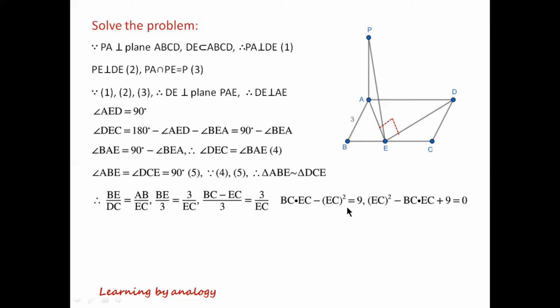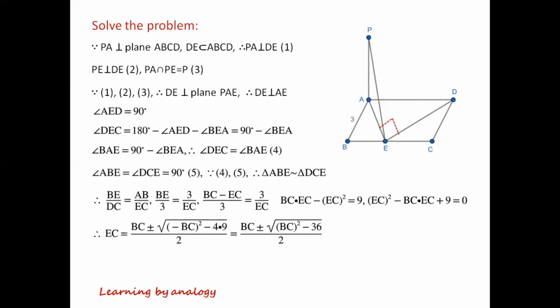BC times EC minus EC squared equals 9. EC squared minus BC times EC plus 9 equals 0.